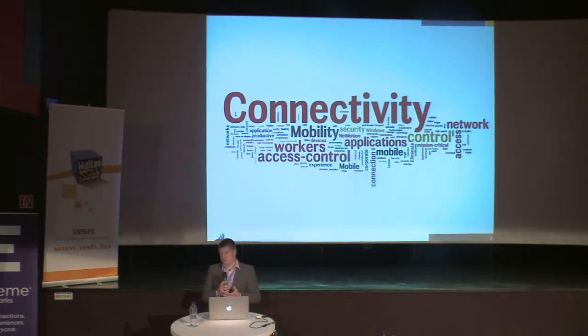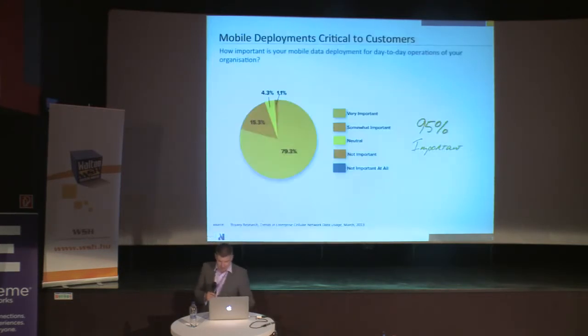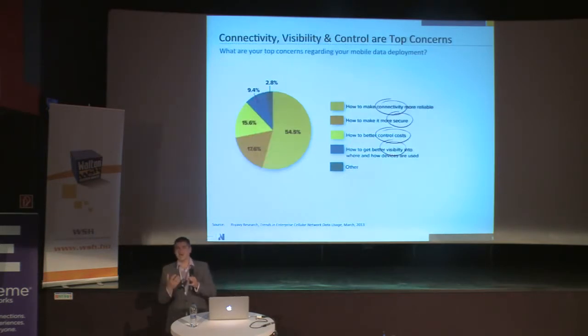We're not an MDM solution. A lot of people here right now are speaking about MobileIron, AirWatch, and so on. So you also understand which problems NetMotion Wireless is solving. 95% of people say that mobile data deployment is important for their business. What is lacking in this area?